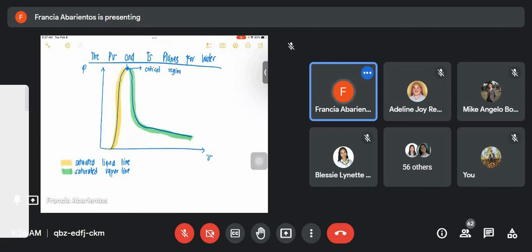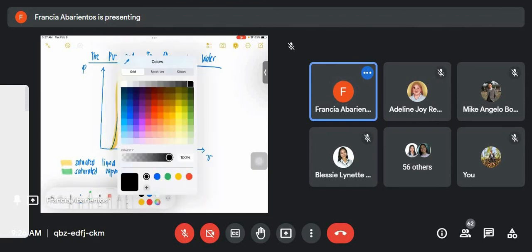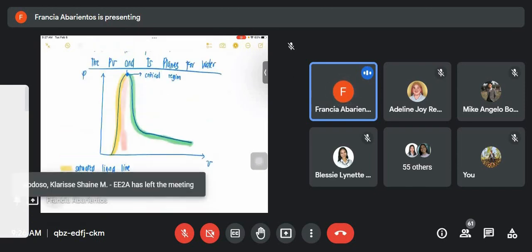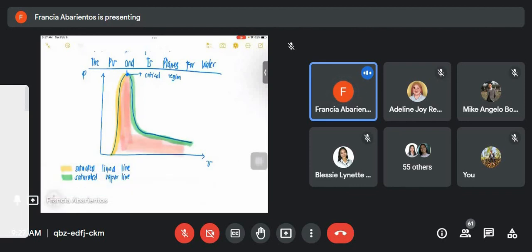And also, itong sa loob, the enclosure, yan, wet region yung class. That is the wet region.